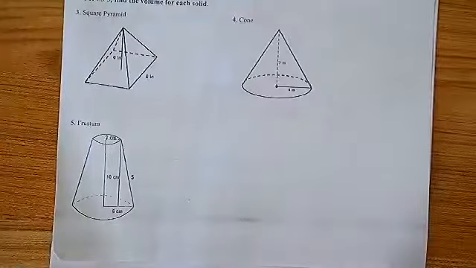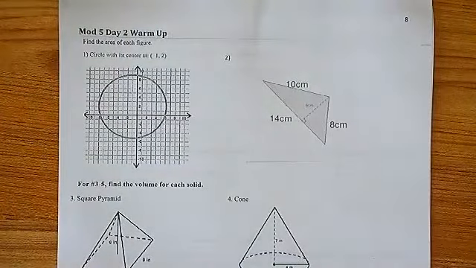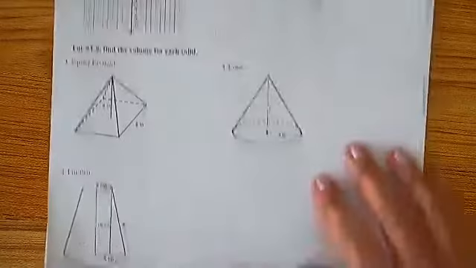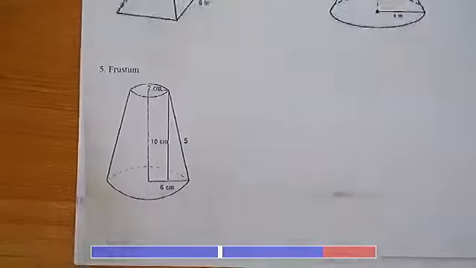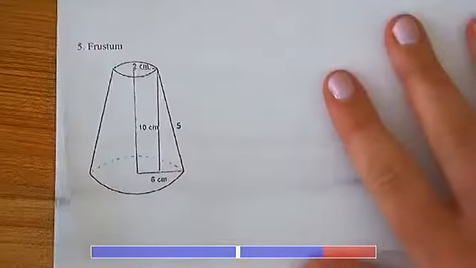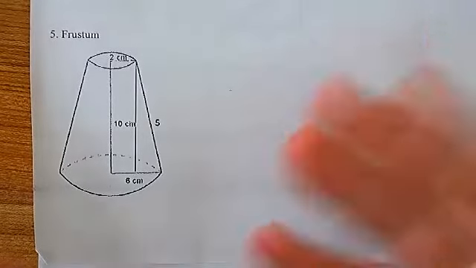So let's do a little bit of review here. We are going to start with the frustum because that's the new one. Okay, so let's do this guy. The best thing I can relate to a frustum is a lampshade.